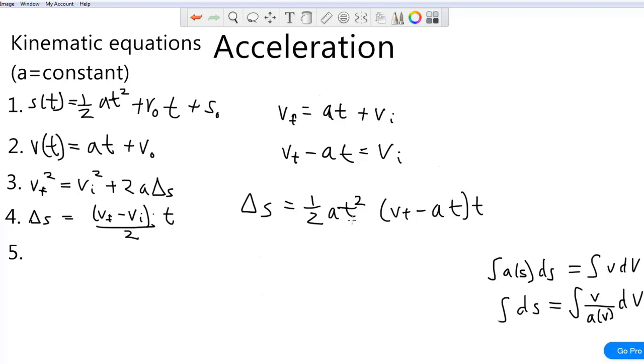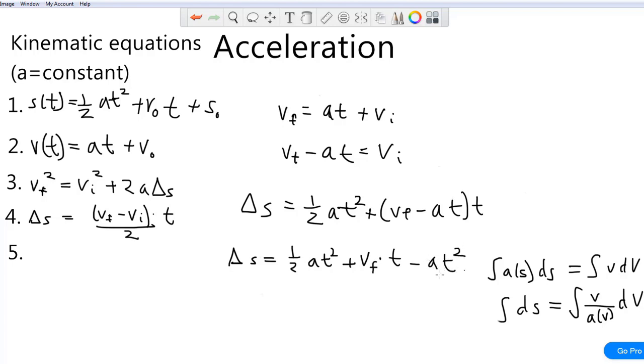So now if we distribute that t, then we get delta s equals a half a t squared plus V final, it's supposed to be an f, times your time minus a t squared.